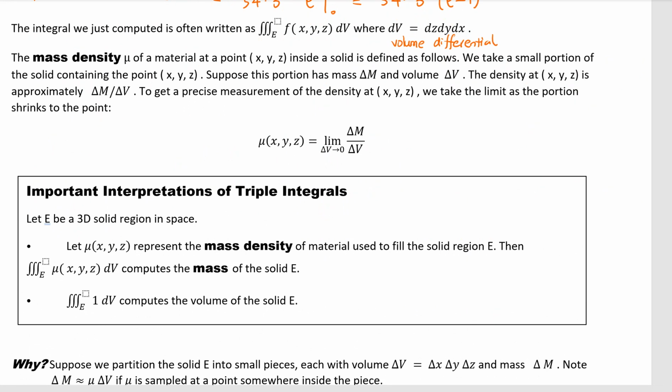We take a small portion of the solid containing the point x, y, z. Suppose this portion has mass change of m and volume change of v. The density at the point is approximately the change of mass over the change of volume. To get a precise measurement of the density at the point, we take the limit as the portion shrinks to the point. Okay, so this is mu. Mu is the density function.